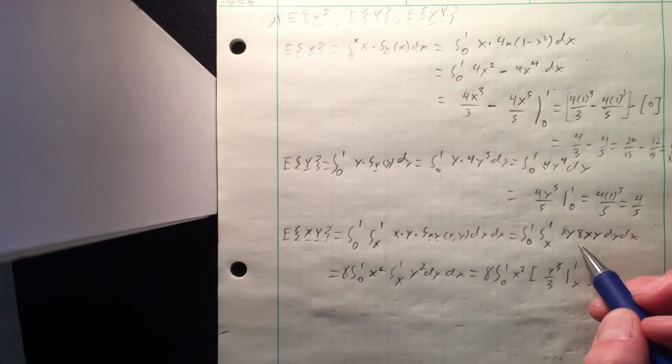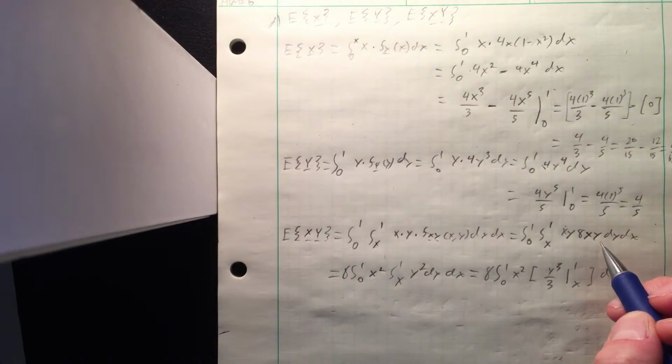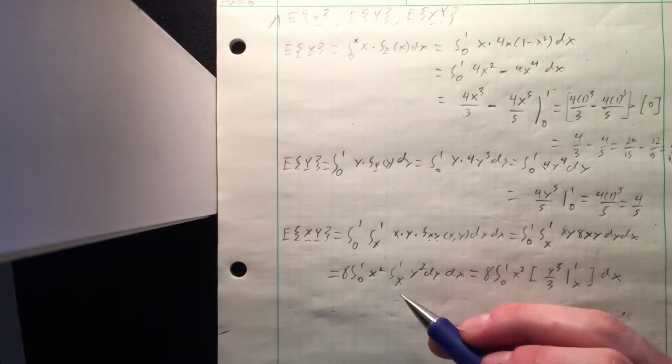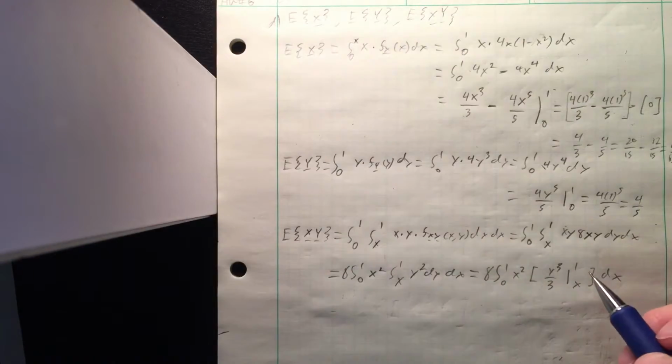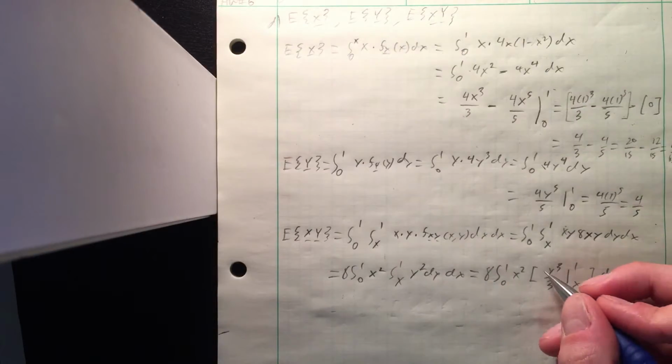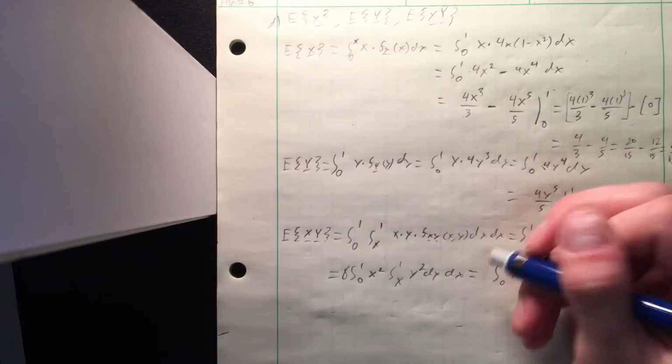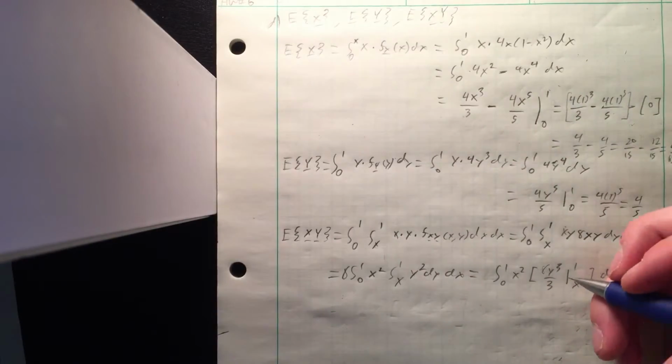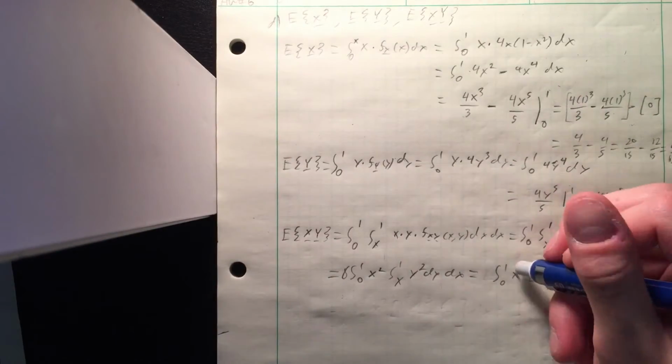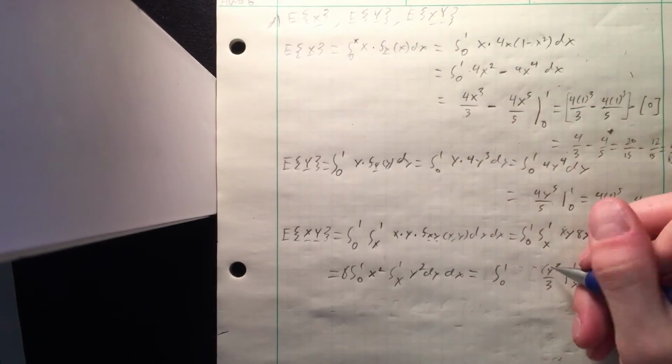So xy, 8y squared. This is going to be 8/3, 8y. Move the x in there too.